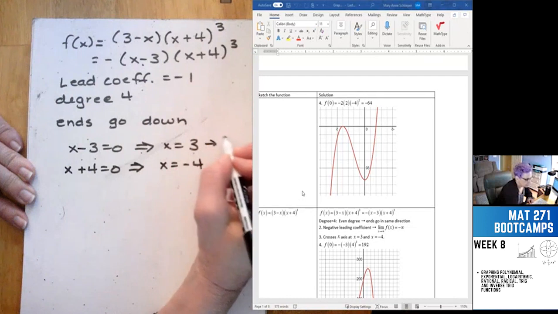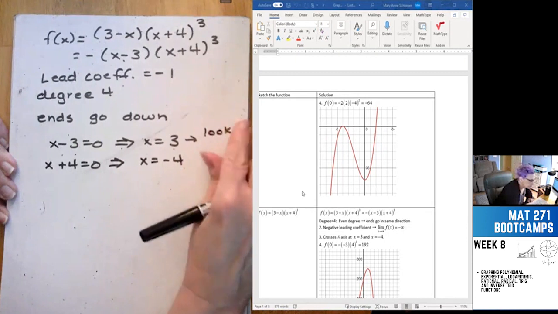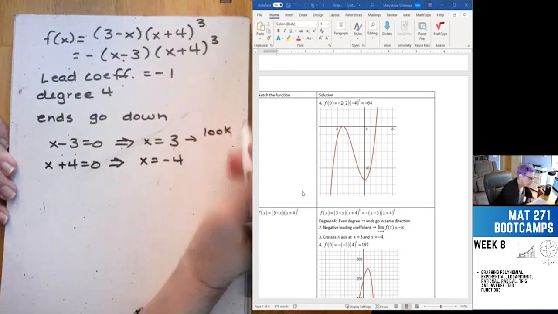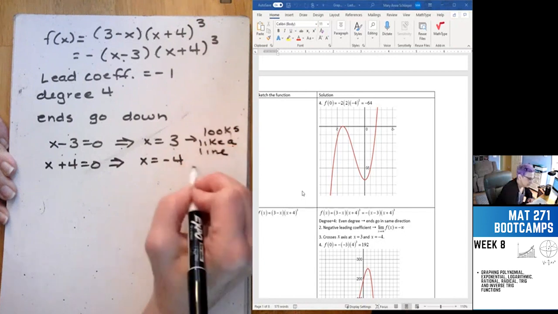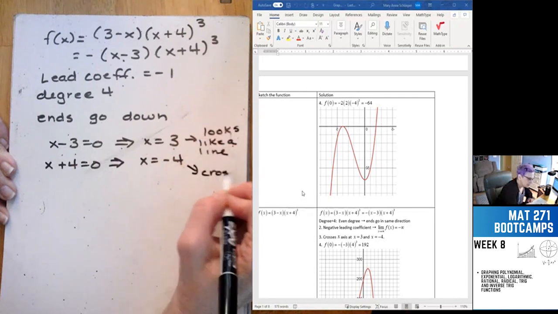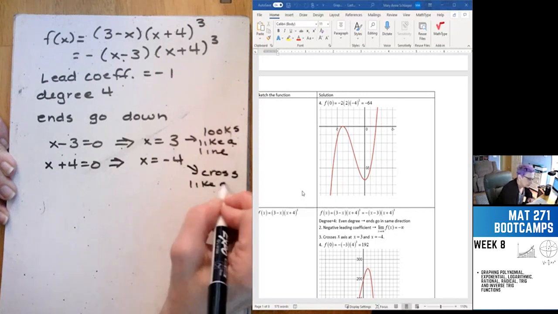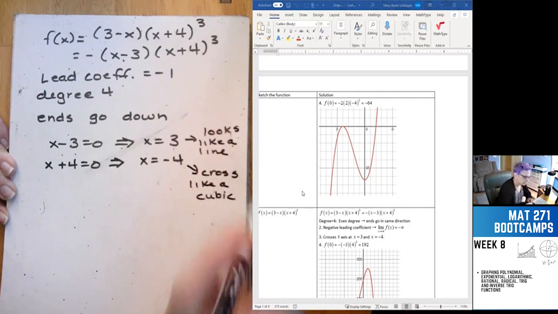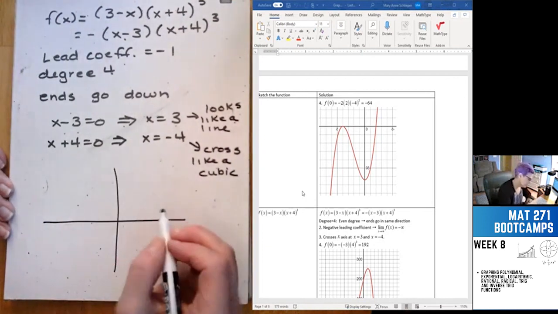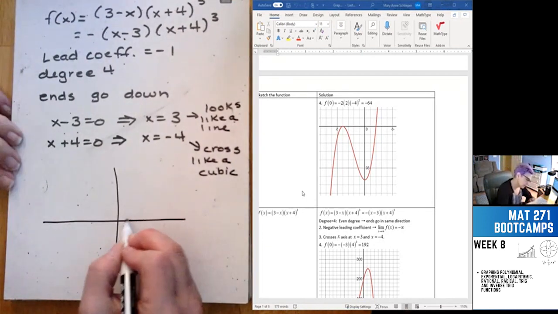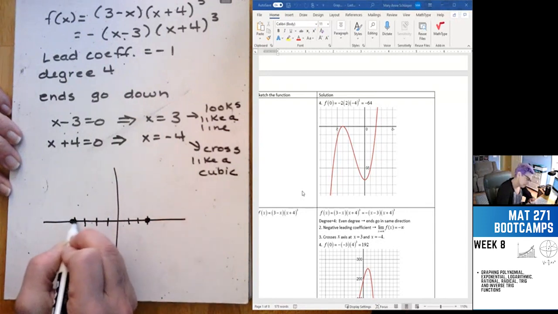Here it crosses it and it looks like a line. Here it crosses and it looks like a cubic. So I'm going to plot those 2 points, 1, 2, 3, 1, 2, 3, 4.